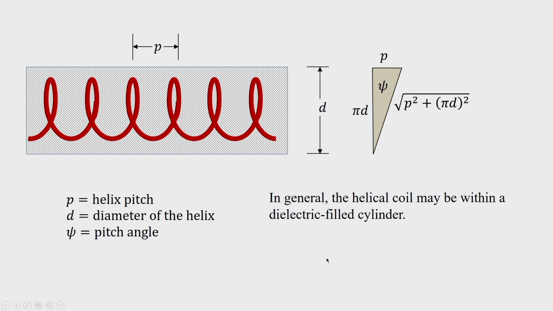In that case, we get the phase velocity V p epsilon equal to p divided by the square root of mu epsilon times (p squared plus (pi d) squared).